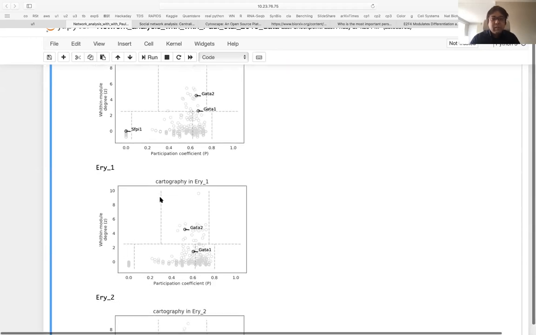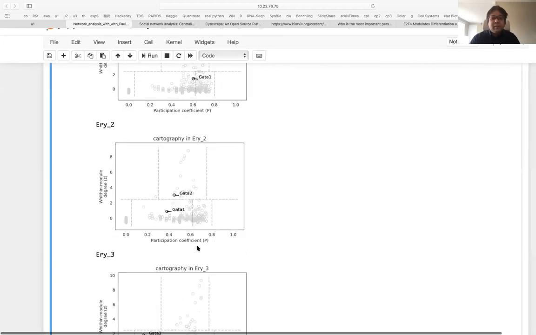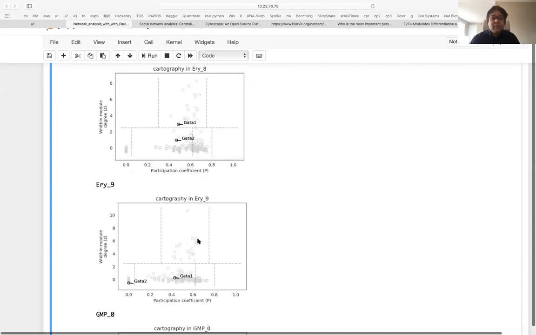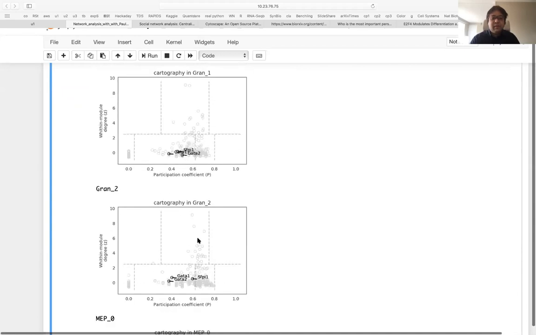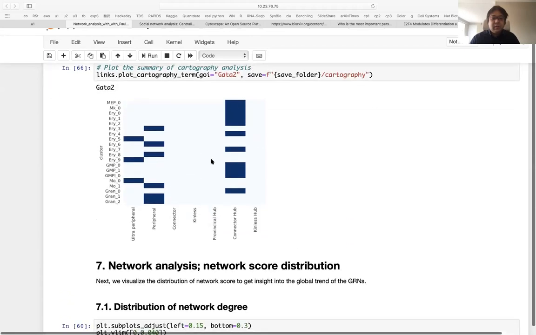Maybe. So based on this analysis, you can classify your gene into several groups. For example, we can see that GATA2 is really important in the erythroid cluster here, or in the early GMP cluster.